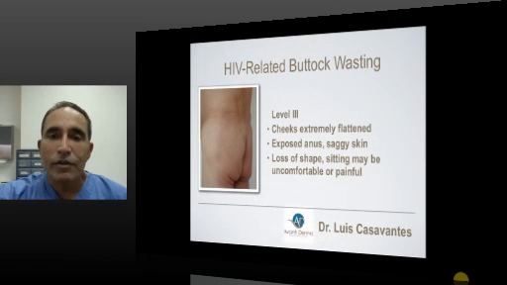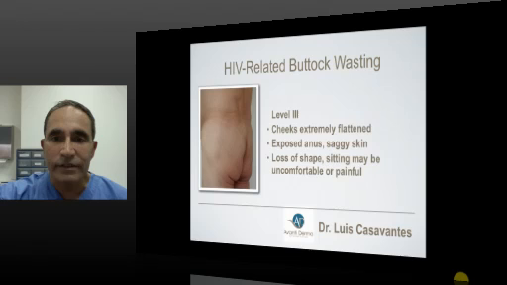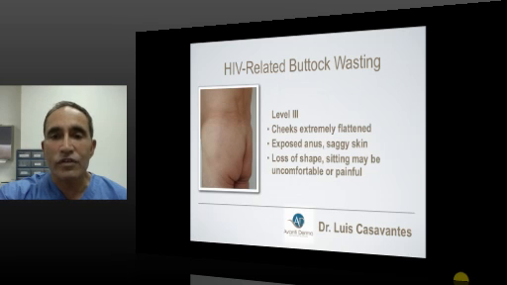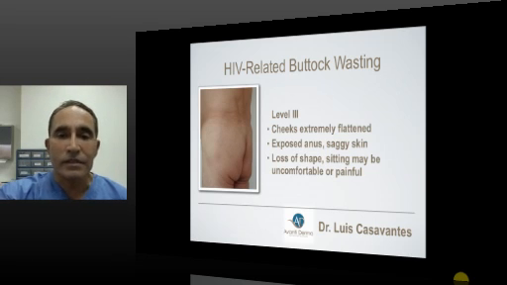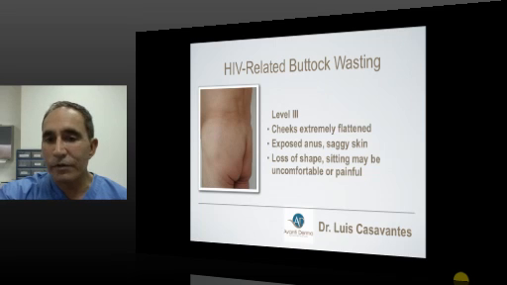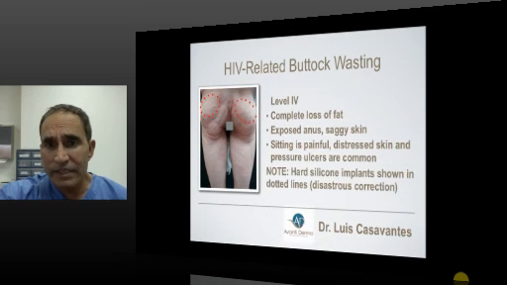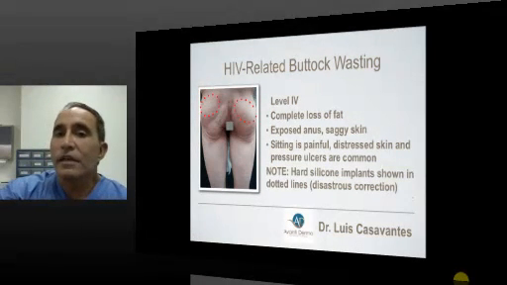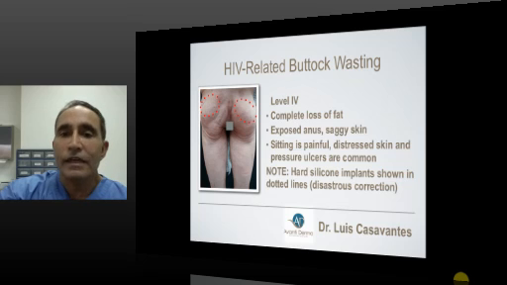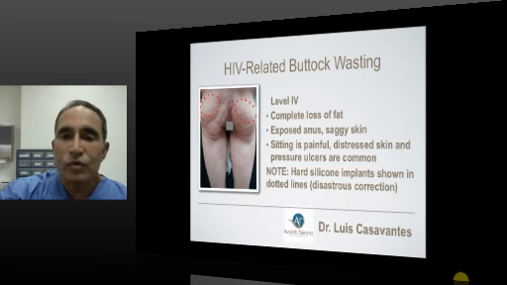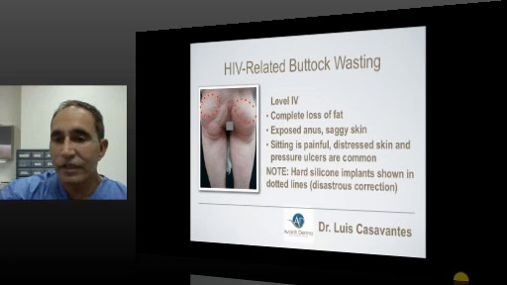Buttock wasting level 3, the cheeks are extremely flattened, the anus is exposed, the skin is really saggy, and there's a big loss of shape, and sitting is very affected, uncomfortable or painful. And finally, buttock wasting level 4 is a complete loss of fat in the area, the anus is exposed, the skin is saggy, and it is extremely painful to sit, and distressed skin and pressure ulcers are common.